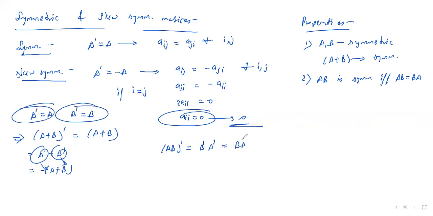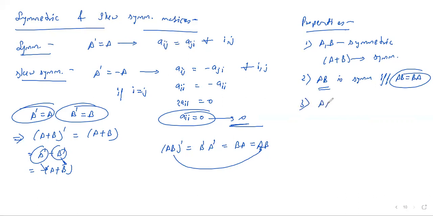And if we have the condition that AB is equal to BA, then by applying this condition we get (AB) transpose equal to AB. So the matrix multiplication AB is symmetric if and only if they commute.